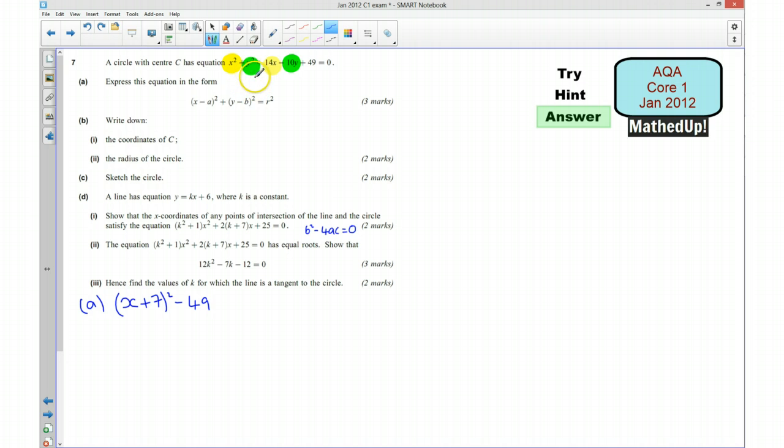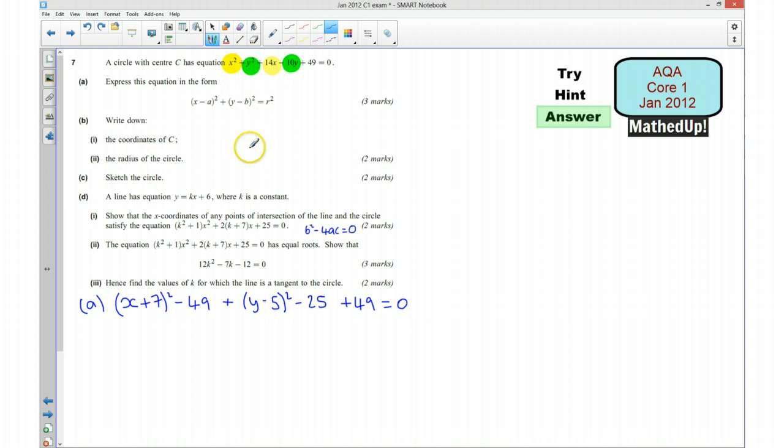I'm also going to complete the square on y squared take away 10y. So that's going to be y subtract 5 squared subtract 25. Okay, and then I've also got this plus 49 term on the end, and that's equal to 0.